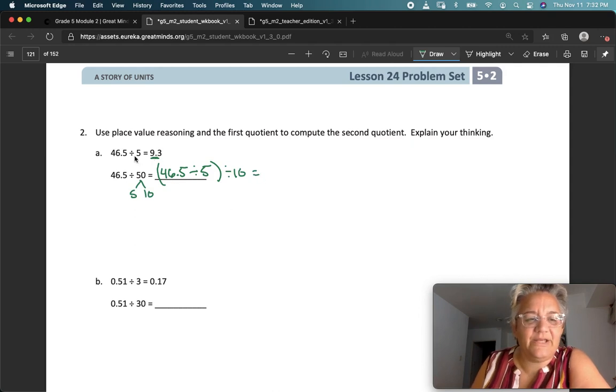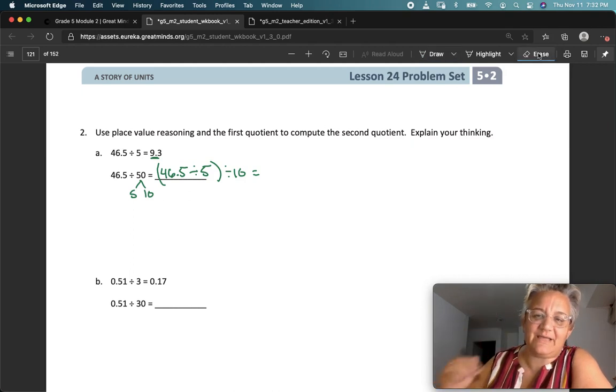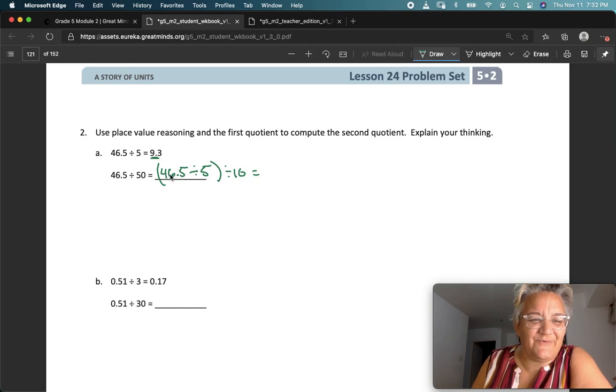So now I know that this in the parentheses, and I'm just going to write it underneath because I kind of like to stack my expressions so you can see the change from one iteration to the next. Okay, so 46 and 5/10 divided by 5 we already know is 9 and 3/10. So I'm just going to put the equal sign below it. 9 and 3/10 divided by 10.